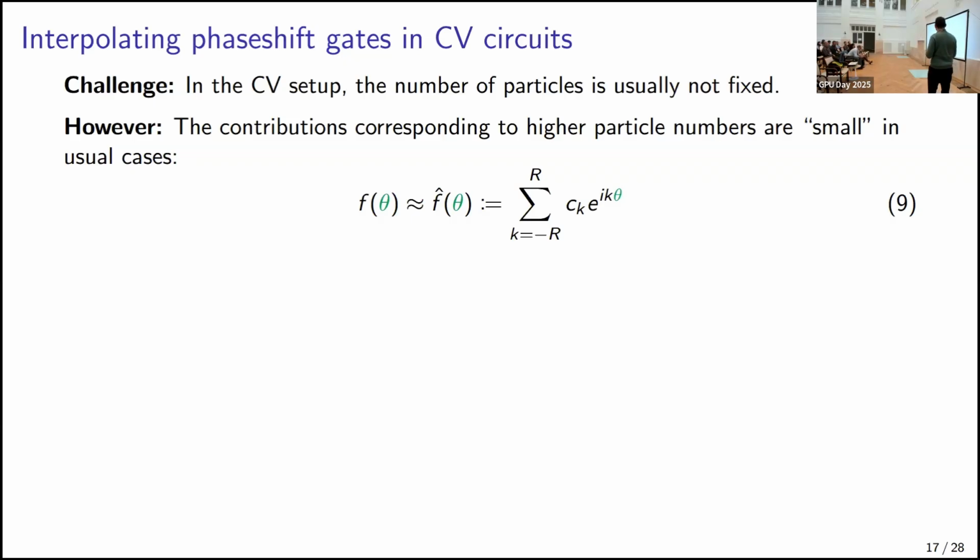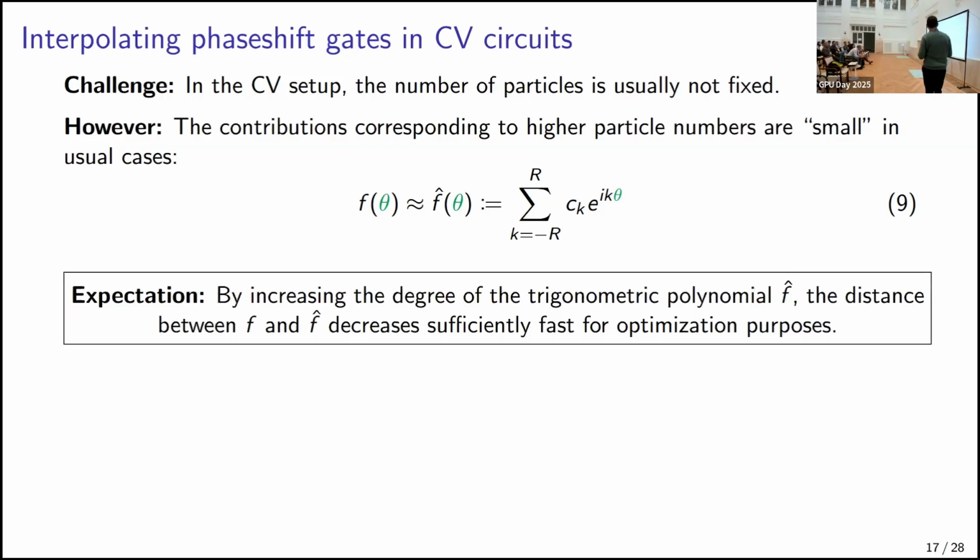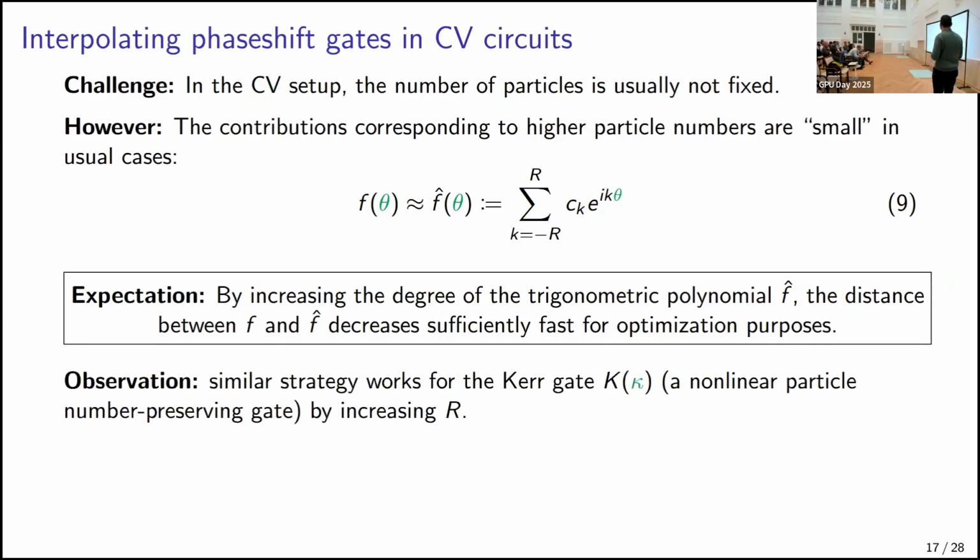This is of course very heuristic, but the expectation is that if we increase the degree of the trigonometric polynomial, the distance between f, the function that we want to predict, and f hat, the function that we calculated, will decrease sufficiently fast for optimization purposes. That's the hope, at least.